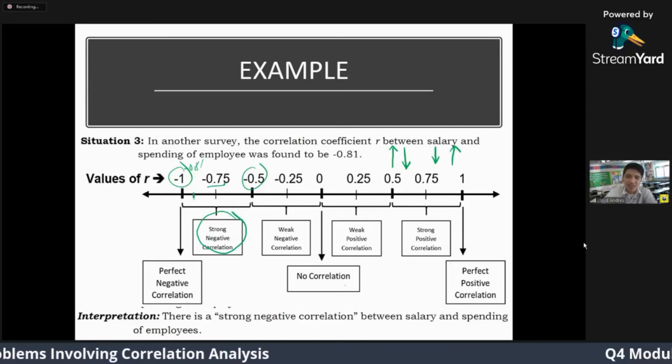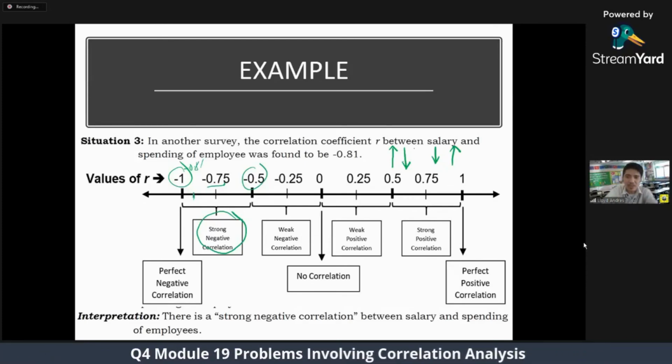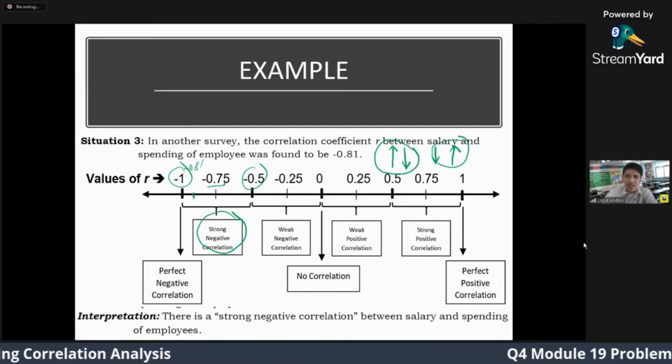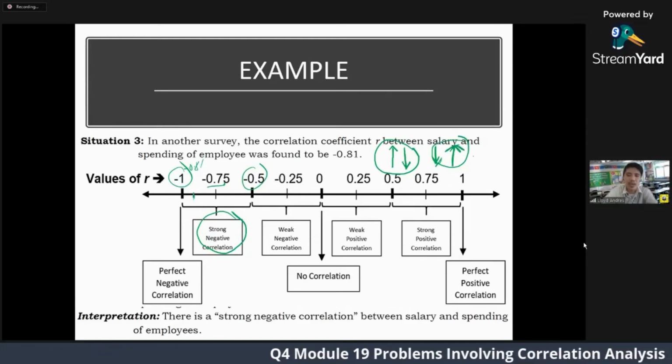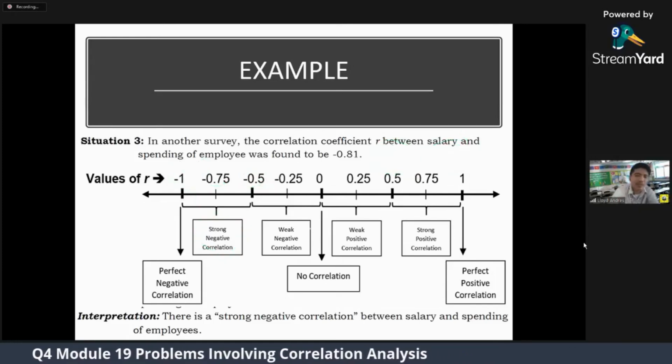So there's something wrong ana pag-ingana ang relationship nato sa salary ug spending. Dako kag sweldo, gamay kag ginagasto, okay ni. Good ni, but kani ang worst. Because gamay kag sweldo, dako kag ginagasto. So problematic ni nga part. So mao na ang interpretation.